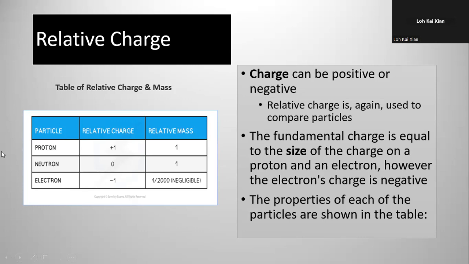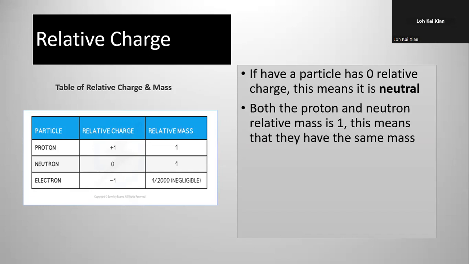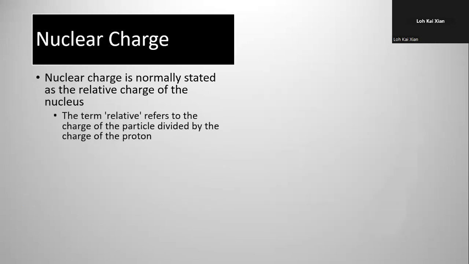We have just gone over the table with you. If the particle has 0 relative charge, it means it's neutral. Both proton and neutron have a relative mass of 1. This means they have roughly the same mass. For you, you just say it's the same mass.